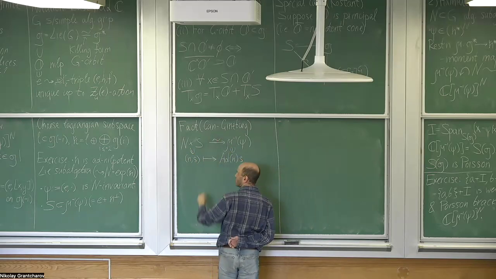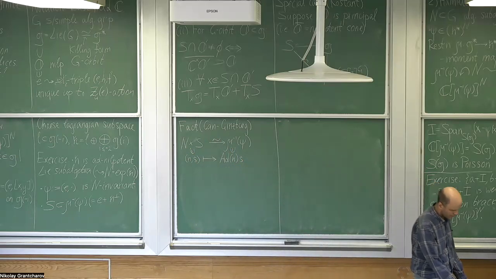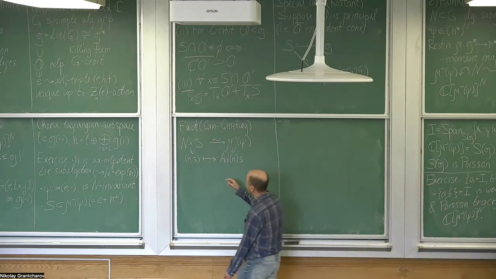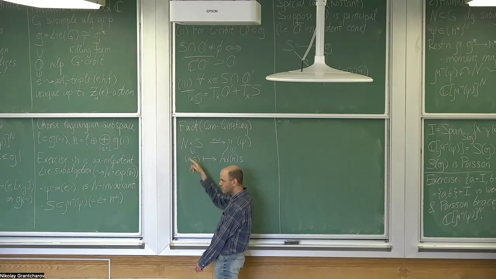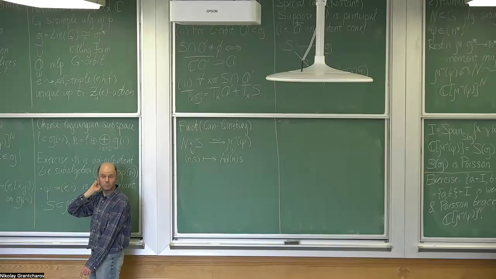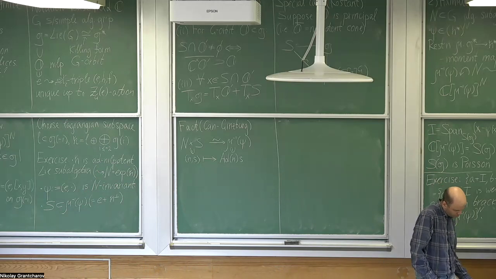This map is an isomorphism. A little comment, maybe an exercise, which allows us to see that the choice of N wasn't that bad: the dimension of N is 1/2 of the dimension of O. This shows that it's not a ridiculous change.